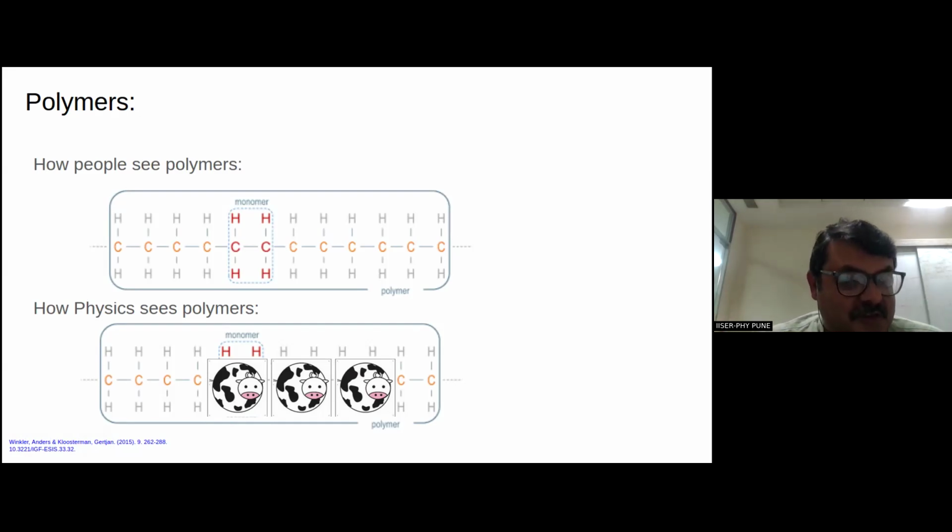So for some problems, for some technology, chemistry is important, but one can also look at polymers as the statistical physics of very long chains, looking at only universal properties which are independent and universal for all long chain molecules. So we can't look at what temperature this polymer melts and at what temperature its glass transition is. No, for that we need the chemistry details. But we are not looking at those.